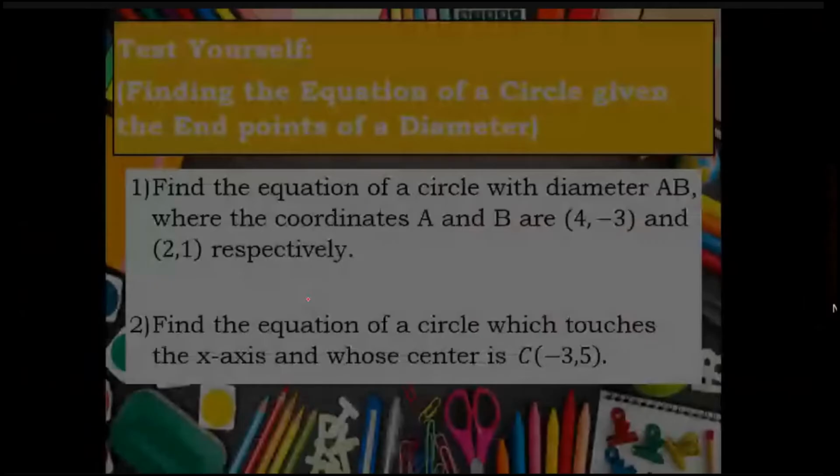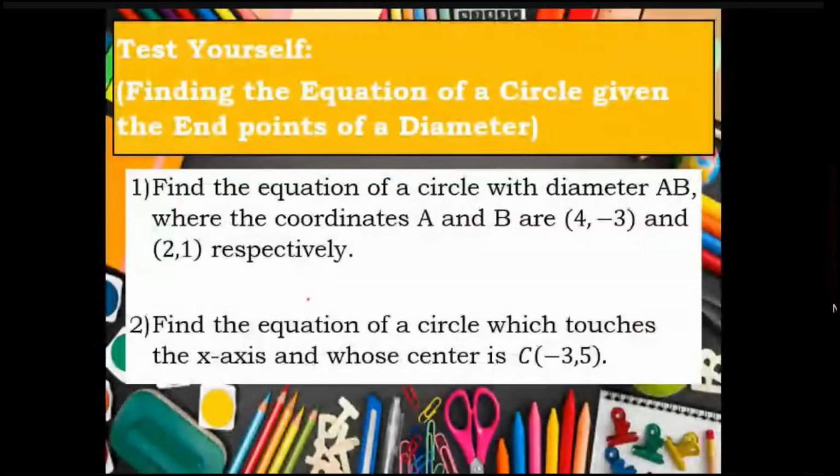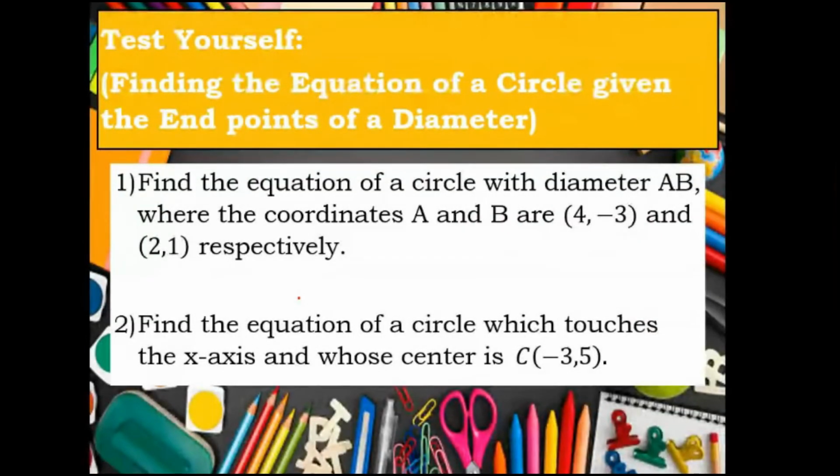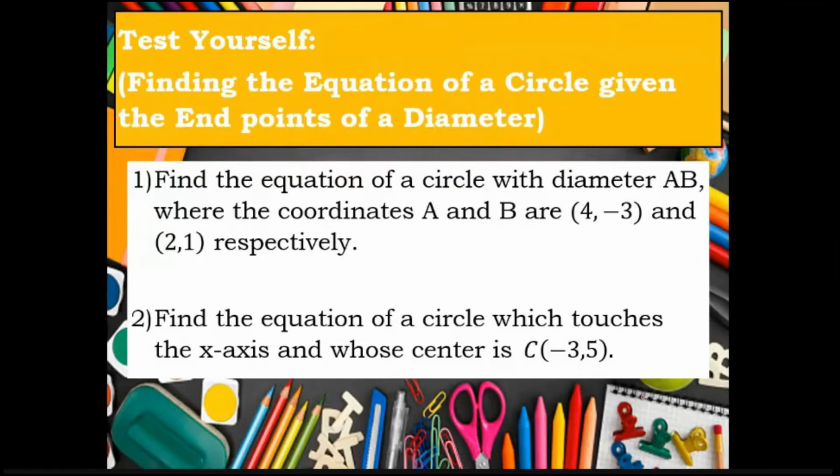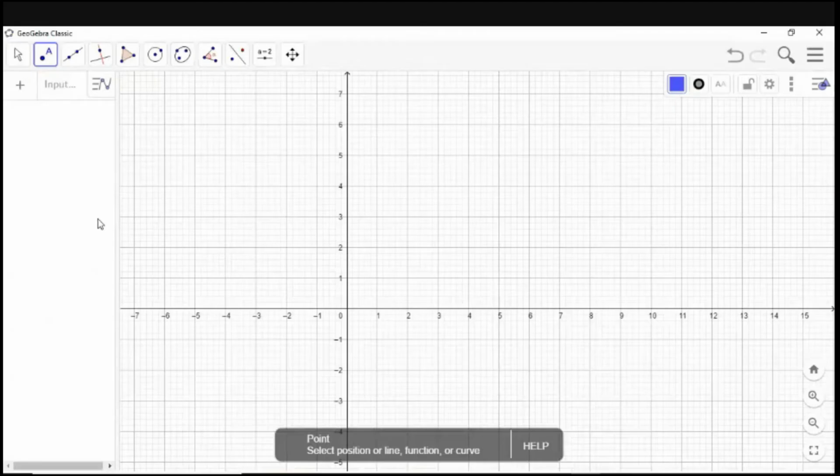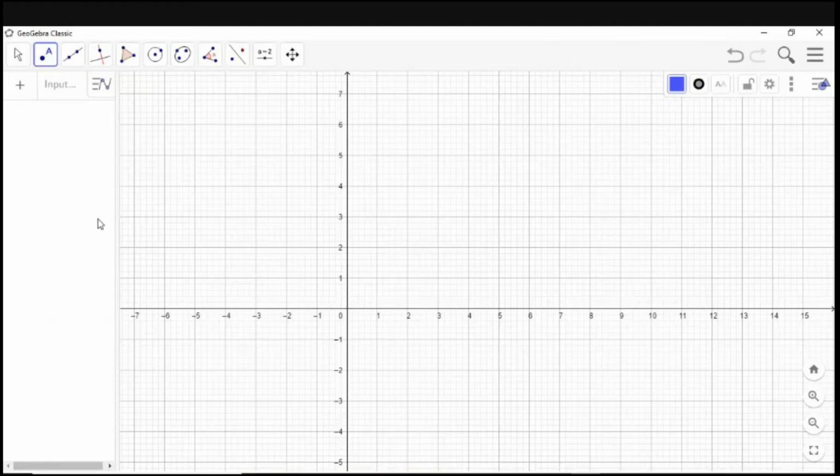The next items are taken from Test Yourself. For this item, I will be using GeoGebra to show you the figures. To better visualize the problem, I am using this graphing software, GeoGebra.